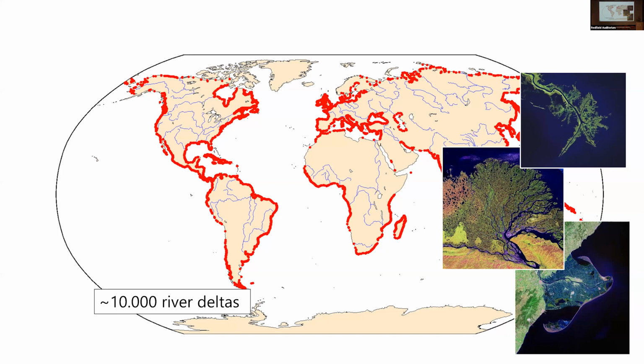Well, we recently started compiling a lot of great data sets of river deltas. This one includes 10,000 different river deltas. All of these red dots you see here are individual river deltas that we have in our databases, including the very nice ones like the Mississippi, the Lena, the Ebro, but also a lot of smaller river deltas, right?